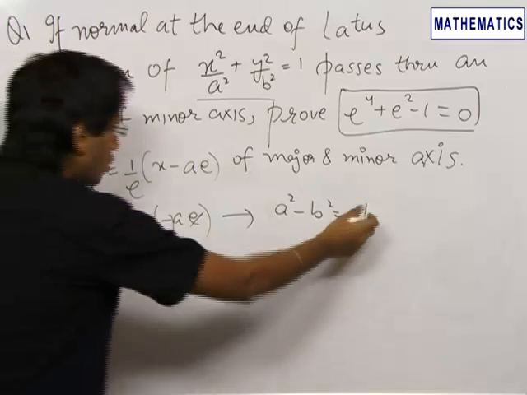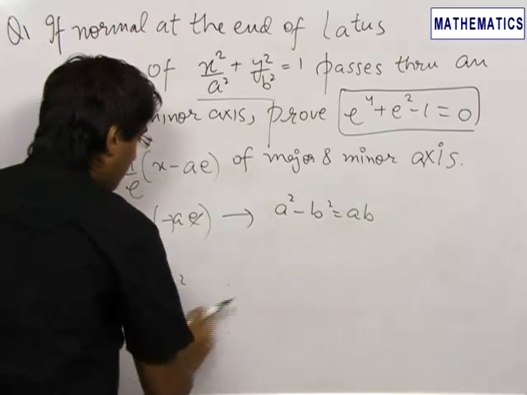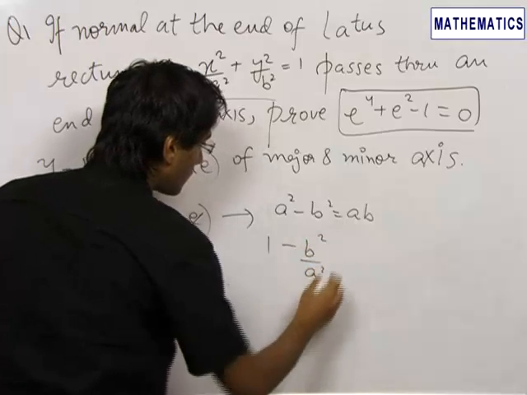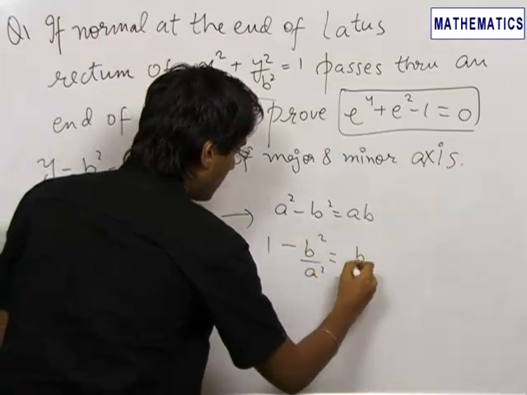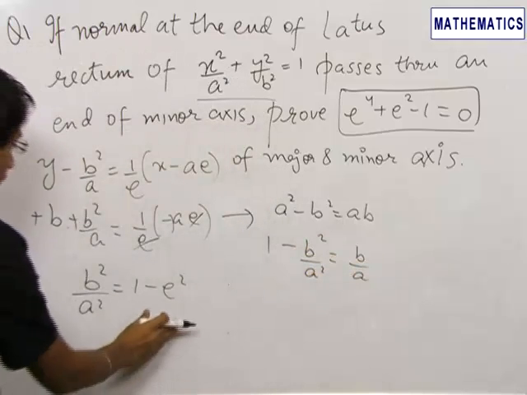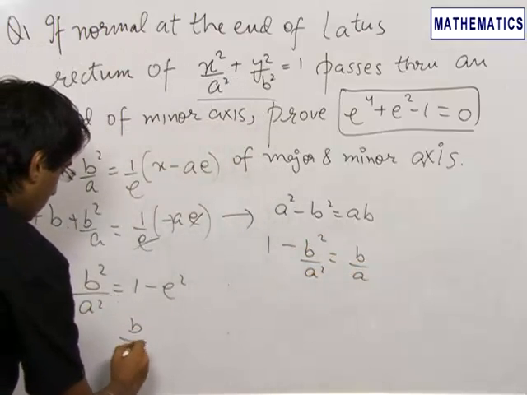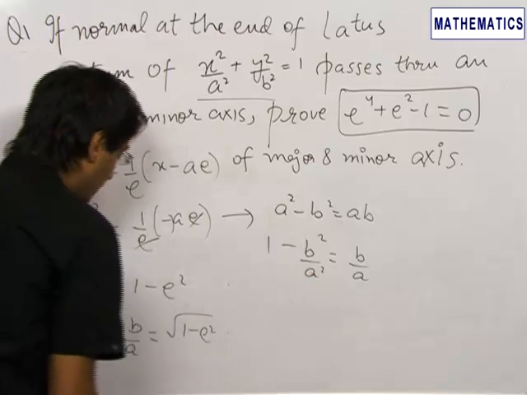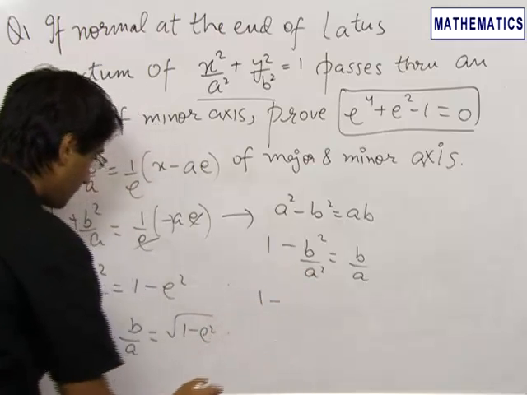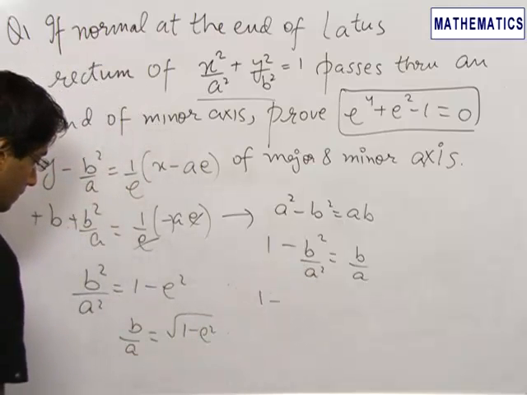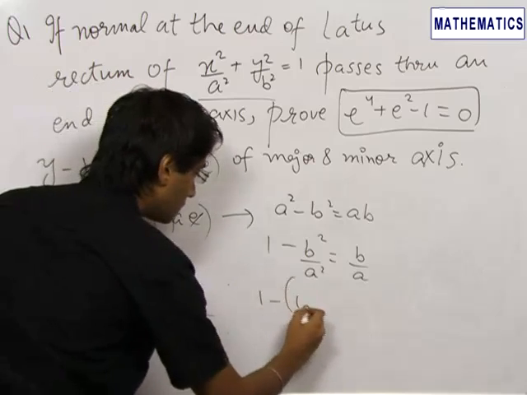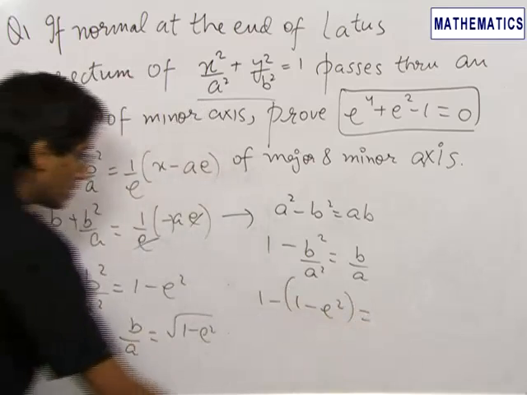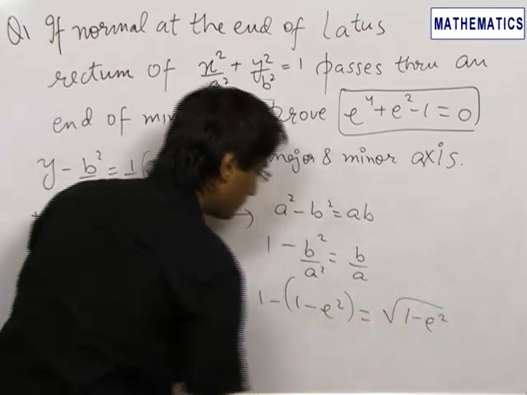Hence, dividing this whole equation by a square, we get 1 minus b square by a square is equal to b by a, and we know that b by a is equal to under root of 1 minus e square. So putting the values over here, we get 1 minus b square by a square is 1 minus (1 minus e square), which is equal to b by a, which is under root of 1 minus e square.